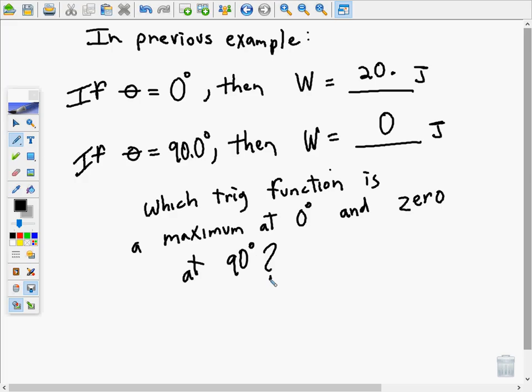Brandon. Cosine. Cosine. So it turns out that the cosine trig function is a big part of doing the dot product.